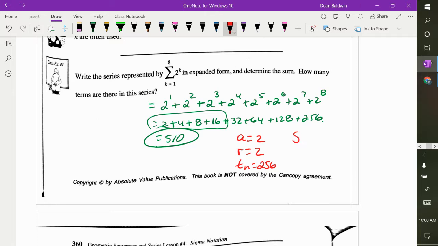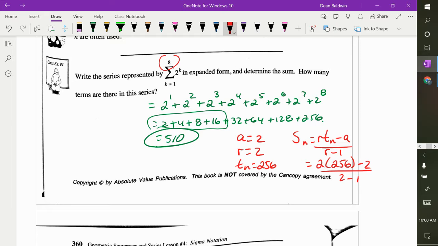So you could have just used the formula Sn is (r Tn minus a) over (r minus 1). And I would recommend using the formula if there's too many terms. If our upper limit was like 50, I'm not going to write out all those terms. I would just write the first few so that you know a and r and plug it into the formula.